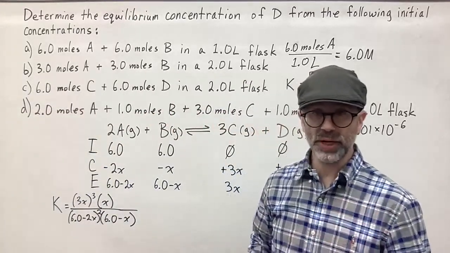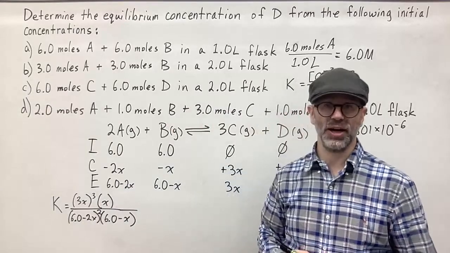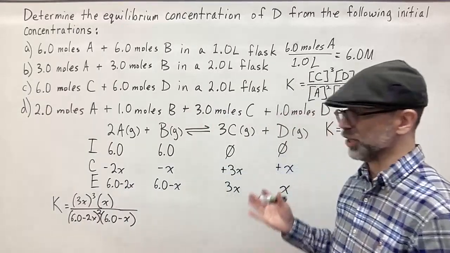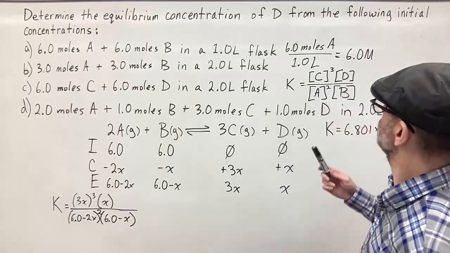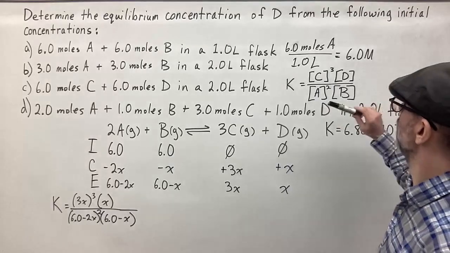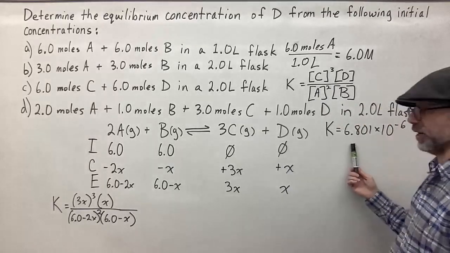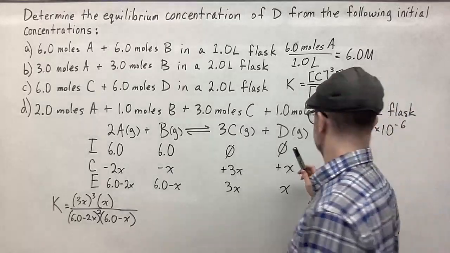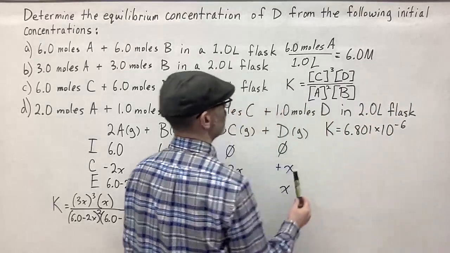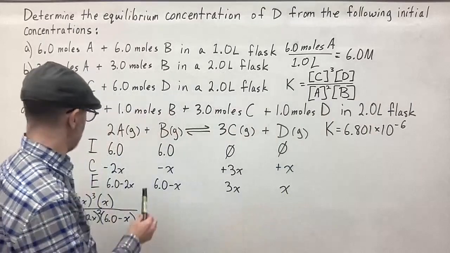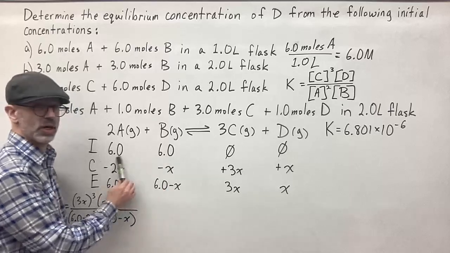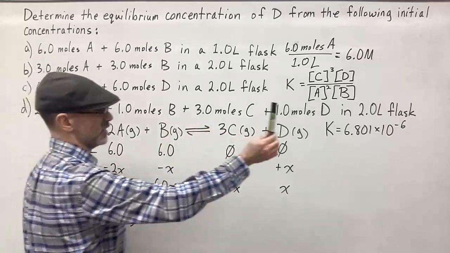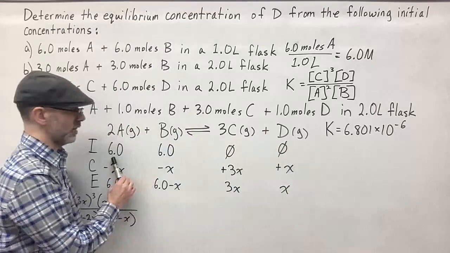Now, we can assume that the x value, I should say, the change, is going to be negligible, because if we look at the K value here, K is much smaller than the molarity that we have to start with. So we're starting with 6 moles and 6 molar. So this is much smaller than this.